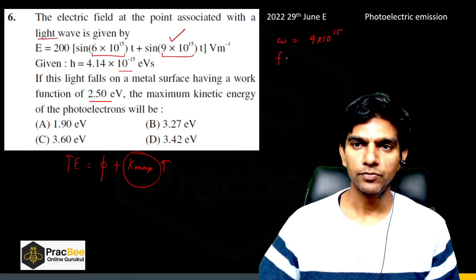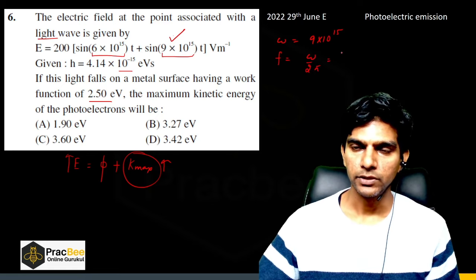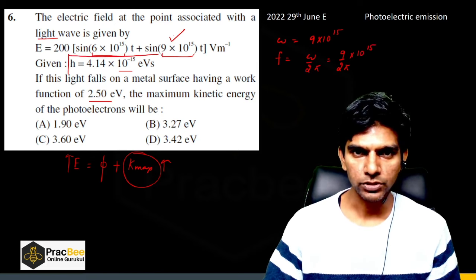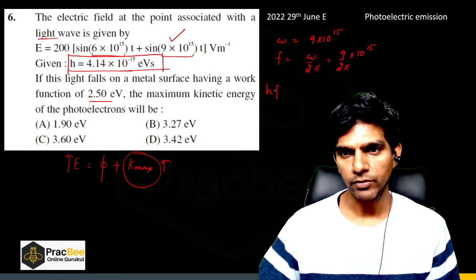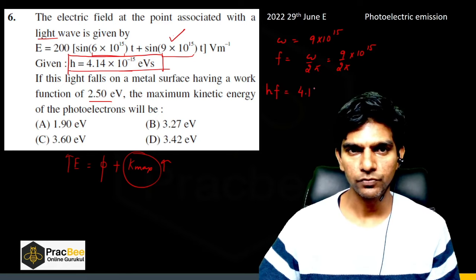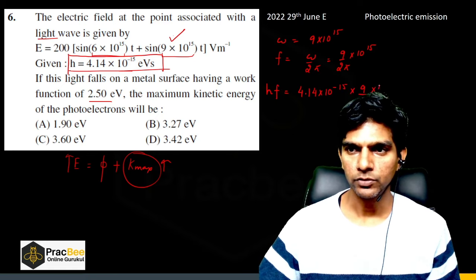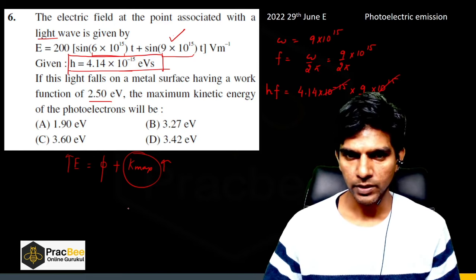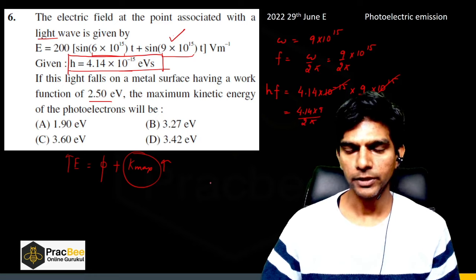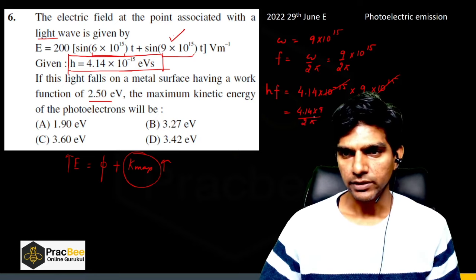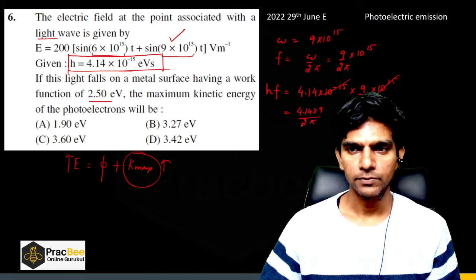Okay. So we have omega, that is 9 into 10 raised to 15. From this we can find the frequency. It will be omega by 2 pi. So it will be 9 upon 2 pi times 10 raised to 15. And in the question we have been given the value of h in terms of electron volt second. So hf, that is the energy of the photon, will be 4.14 into 10 raised to power minus 15 times 9 upon 2 pi into 10 raised to power 15. So this will get cancelled out, and this will be 4.14 into 9 upon 2 pi. Okay. So can you see the numerator is close to 36 and the denominator is around 6, right?